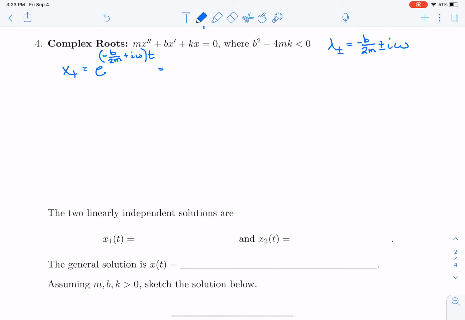That's going to be e to the minus b over 2m t, e to the I omega t. And then we can write this out as e to the minus b over 2m t times cosine omega t plus I sine omega t.